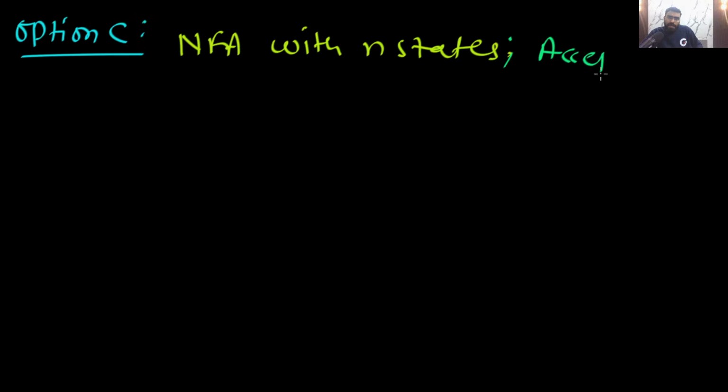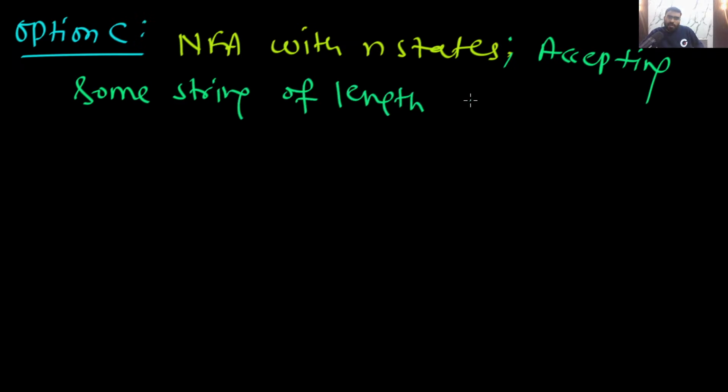So basically there is an NFA with n states, accepting some string of length n. Let's call this string w.